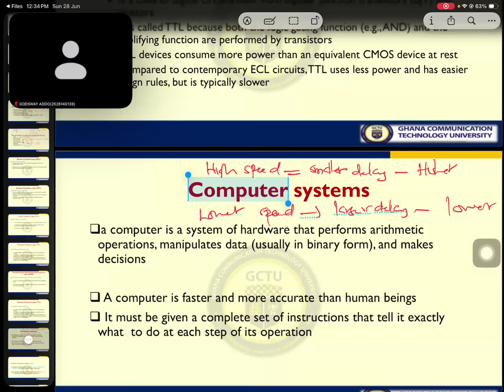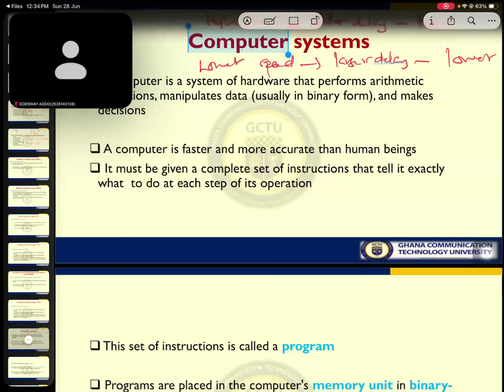A lower frequency. You understand? So let's say a logic family A has a delay of 2 nanoseconds, and B has a delay of, let's say, 20 nanoseconds.